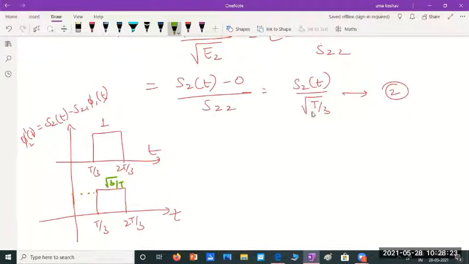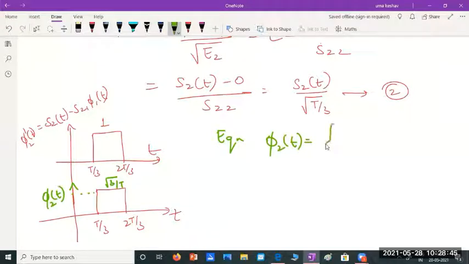So 1 by root t by 3 I showed you. In this range, it will become root 3 by t. This is your phi2 of t. So remember, phi2 of t is represented with this waveform. I'm not writing the equation. Again, if you want to write the equation, it will look something like this.